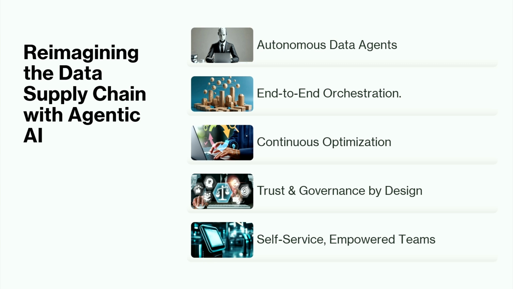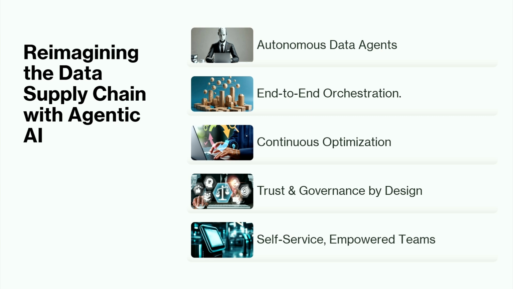Some of the key elements to that vision is firstly the autonomous data agents. These are smart, intelligent co-pilots, driven by domain and technical context, and they automate the whole nine yards, starting from data discovery, transformation, quality, and delivery.